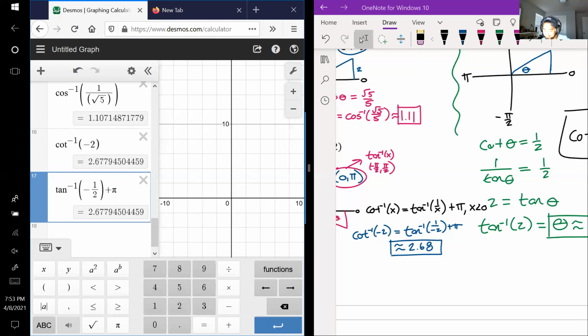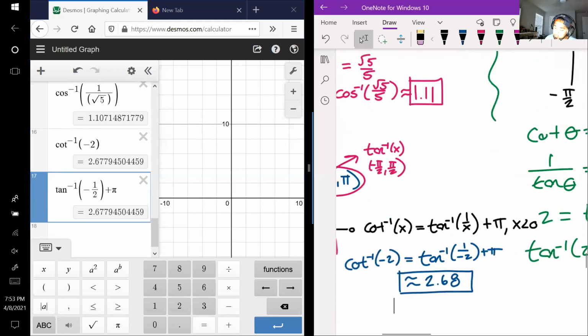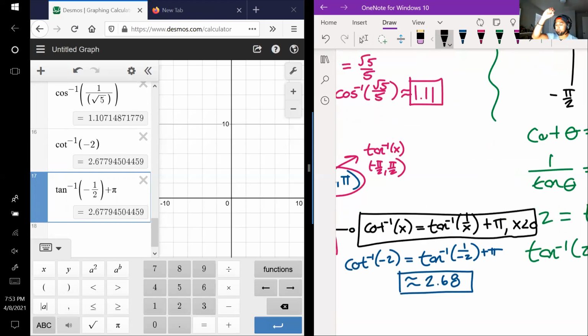Crazy, right? So for you lucky kids, all you have to do is worry about this formula. If you know this formula, you just punch it in your calculator as such and move on. But that's how we create those.